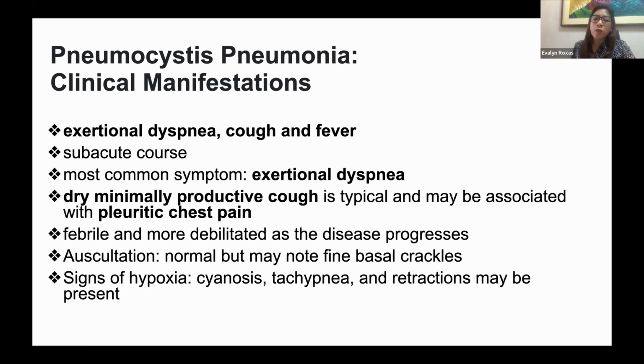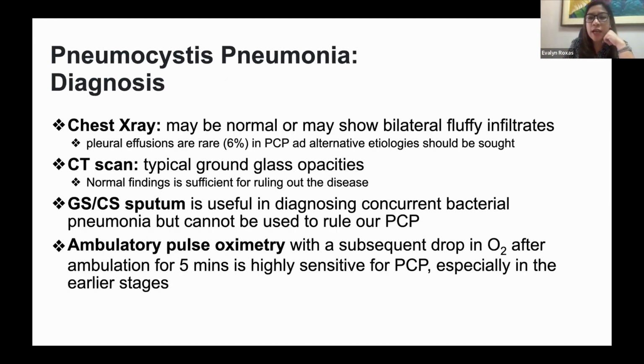Take note that in a Pneumocystis pneumonia patient, we have to watch for signs of hypoxia like cyanosis, tachypnea, and retractions, meaning we have to watch this patient more closely. So those are the clinical manifestations.